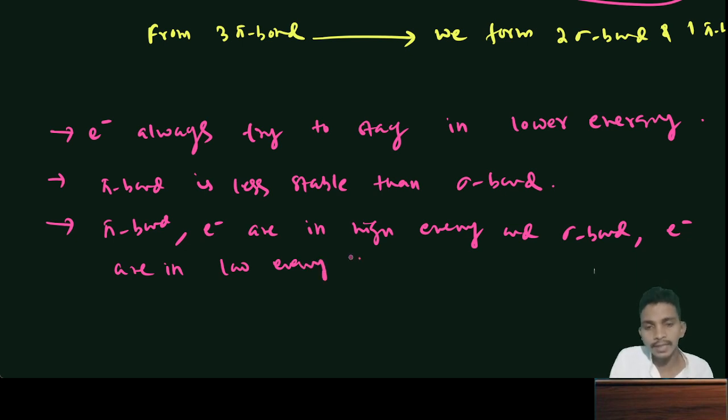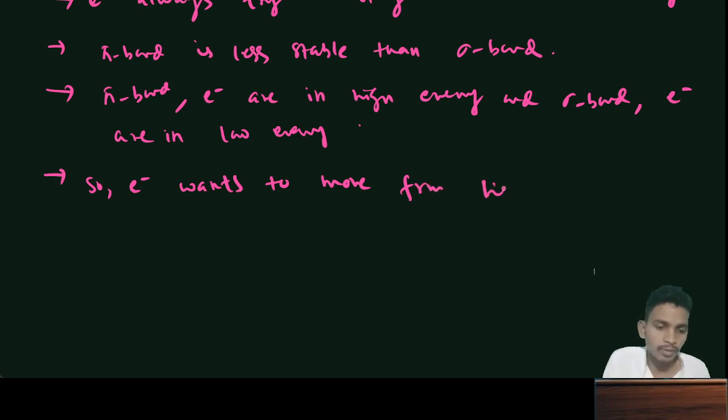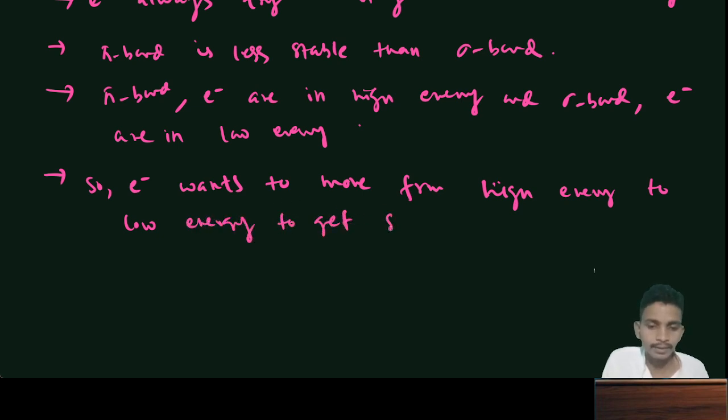So this is the reason that electrons want to move from high energy to low energy, to get stabilized.